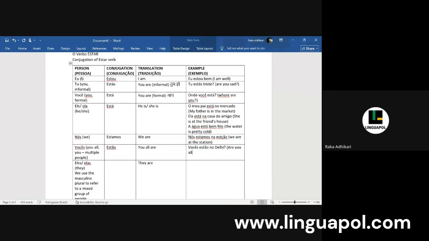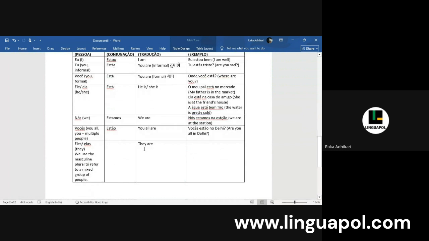Are you all in Delhi? So we are talking about the location. क्या आप सब दिल्ली में हो? Vocês estão no Delhi? Then we have eles, elas. The conjugation remains same here. Estão. So you can say eles estão or elas estão.